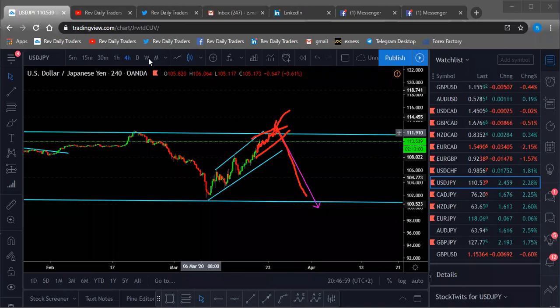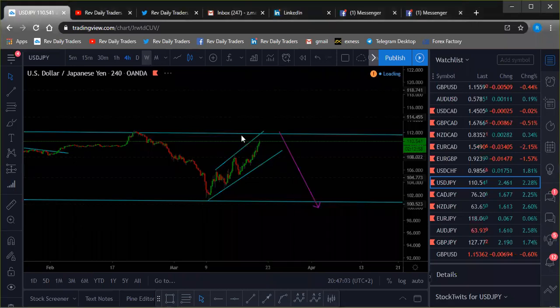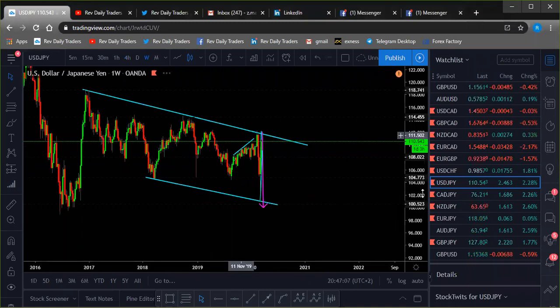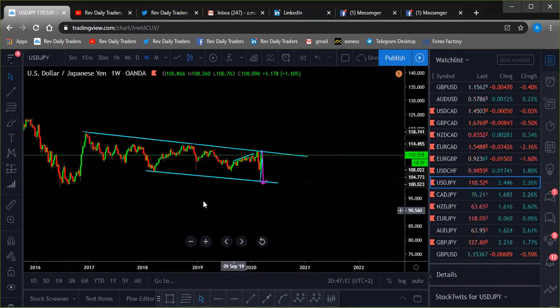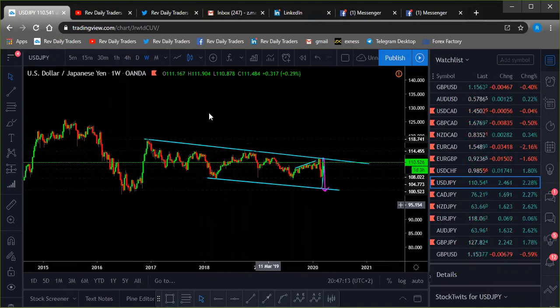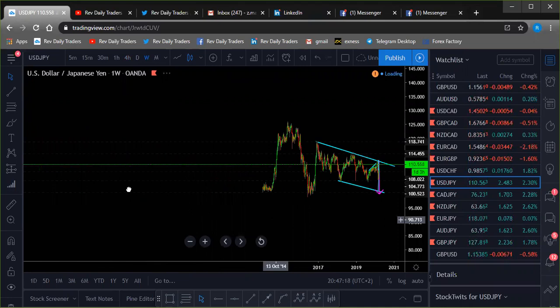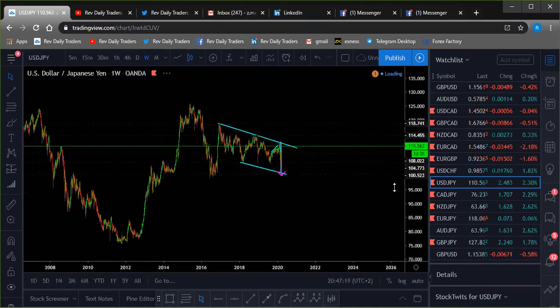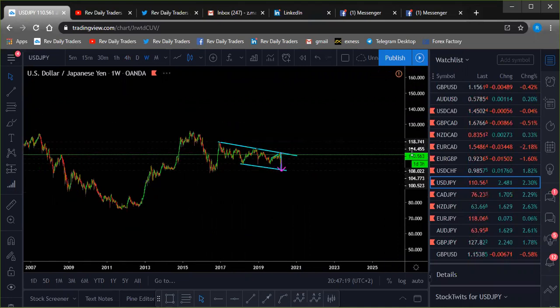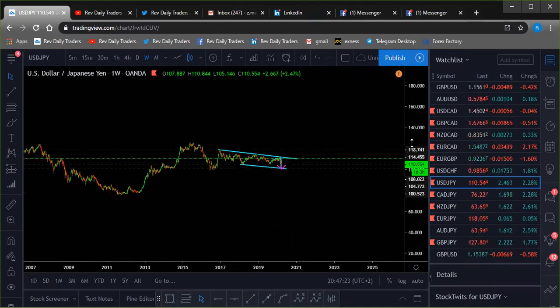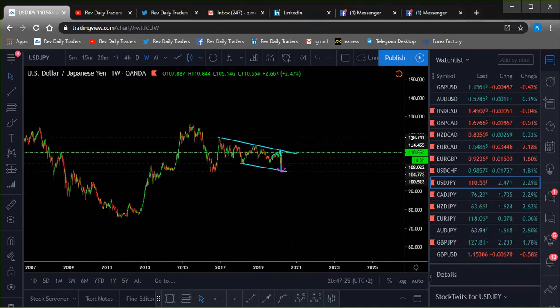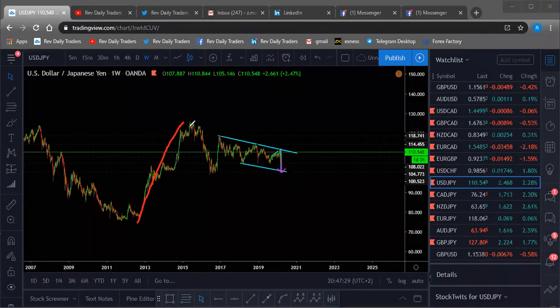Okay, let me show you a weekly, what the structure is doing, okay, what we are expecting. We're expecting a down move. We got this impulse, it's one, expecting a 2 here, then we have 3 here.